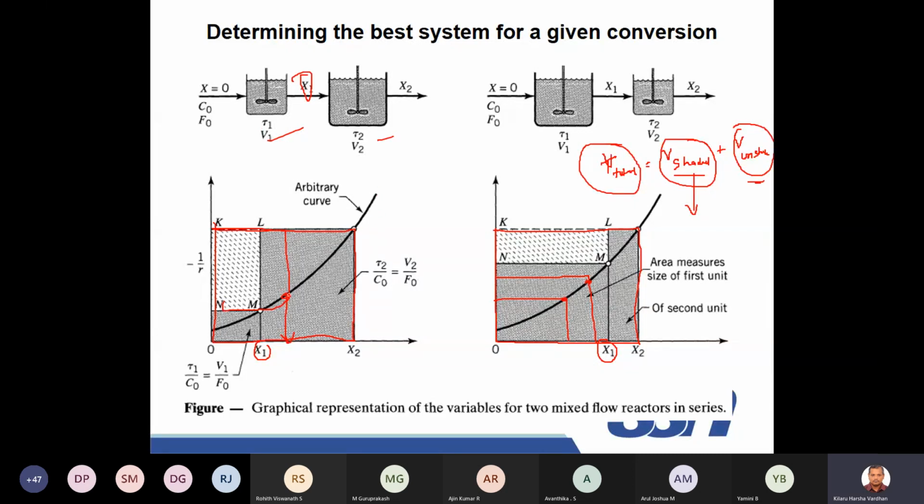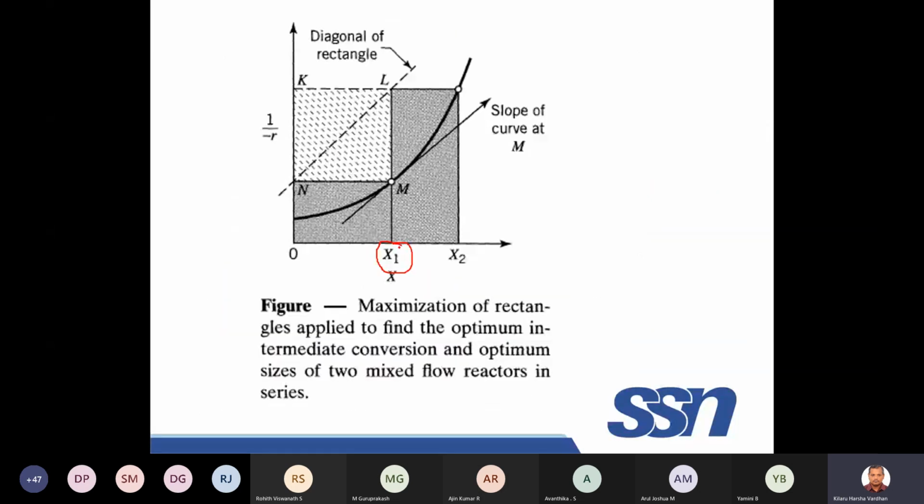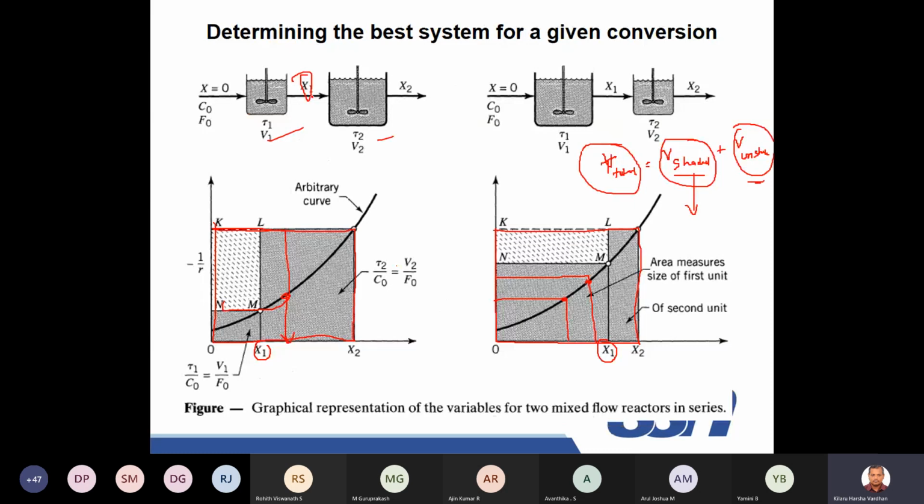Try to find this X1 by using this maximization of the rectangle rule. That is where the area of the rectangle, the unshaded part, is maximum; that particular point is x1. So try to find the combination where you get that x1. If a big reactor gives that x1, then you put the big reactor first and then the small reactor.